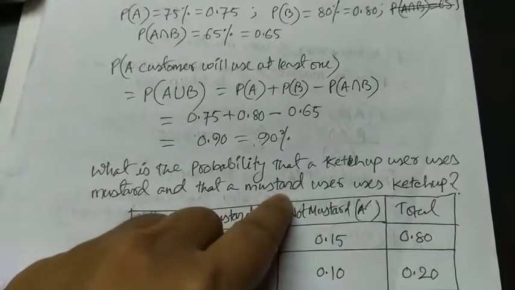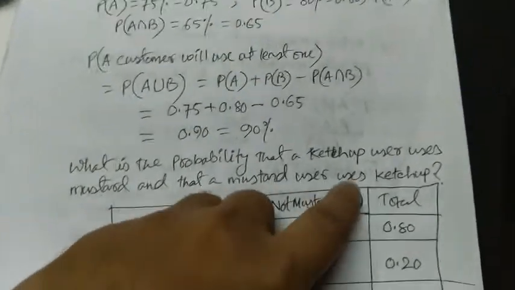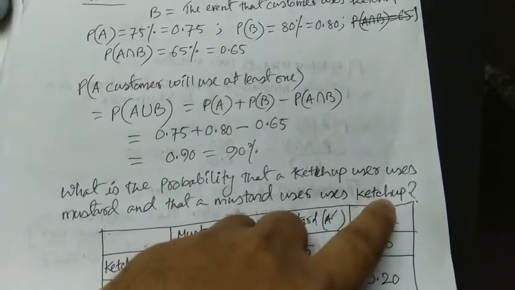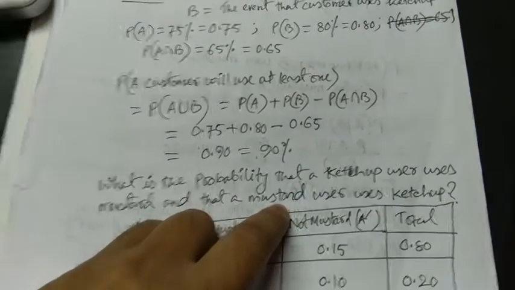Mustard means A, so you need to find the probability of A given that the user uses ketchup, that means B.